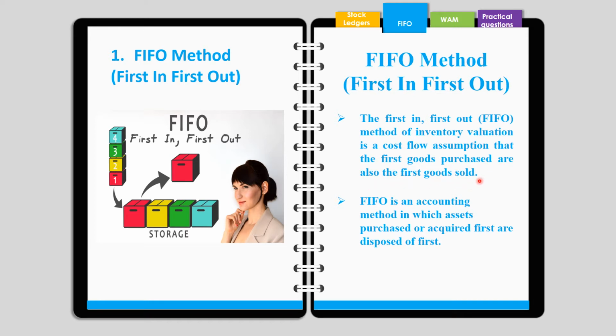It can be sold or it can be consumed for the production cycle. FIFO is an accounting method in which assets purchased or acquired first are disposed of first. This is rightly said through this picture. You all can understand what is FIFO method. I hope we have now cleared the concept of FIFO method of inventory valuation through this figure and through the definition.